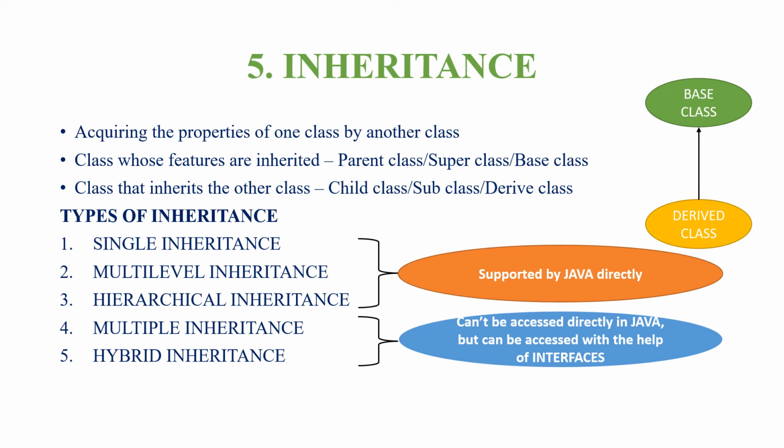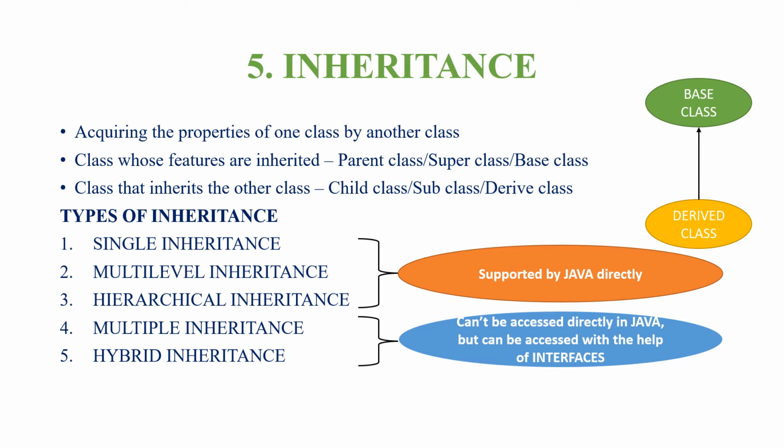Next one is inheritance. We will see a detailed video on inheritance in the coming videos. Now here in this slide we are going to see what inheritance is and what its types are. Inheritance is nothing but acquiring the properties of one class by another class. Here we will be using two or more classes based on the type of inheritance used. The classes used here are base class and derived class. Base class is the class whose features are inherited. It is also called parent class or superclass. And the other one is derived class.